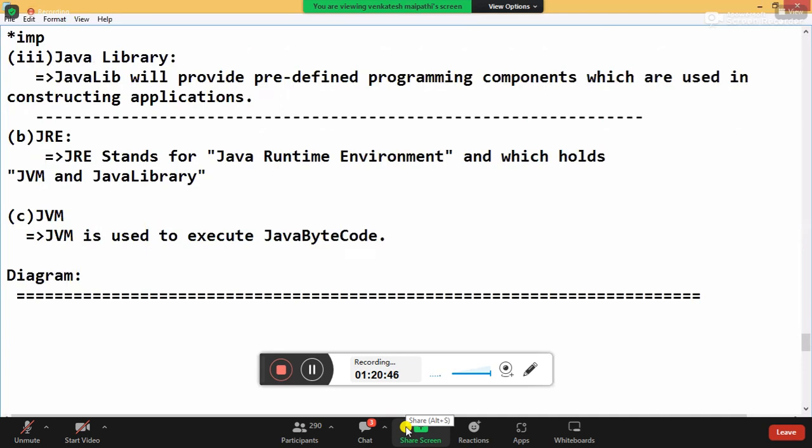Why are they asking together? Look here. Why they are asking together means you have to show it like this.